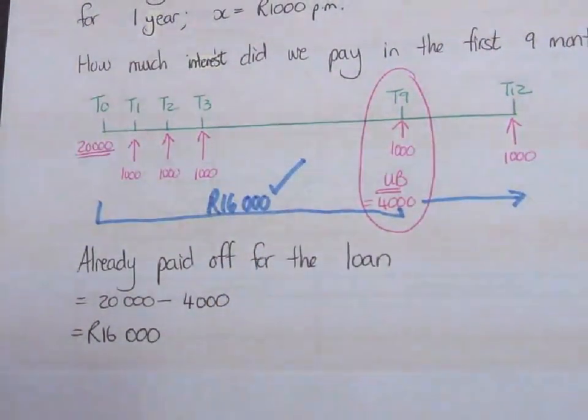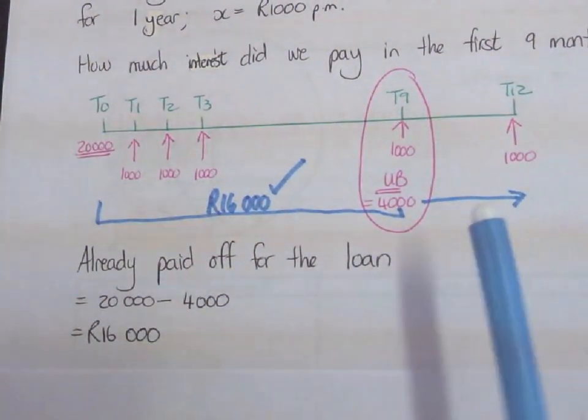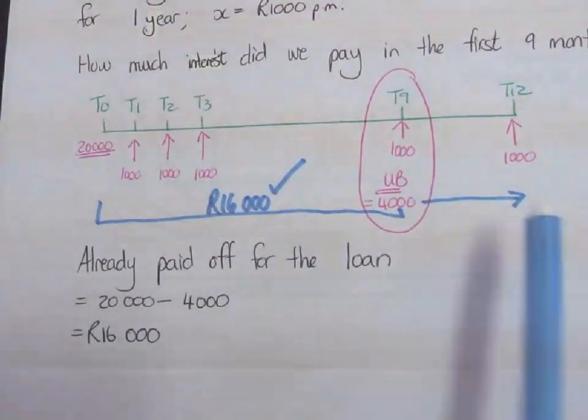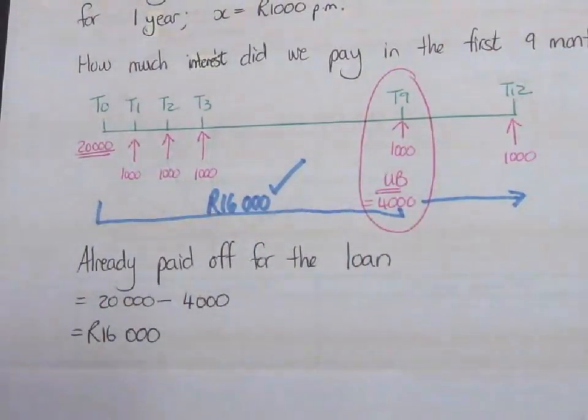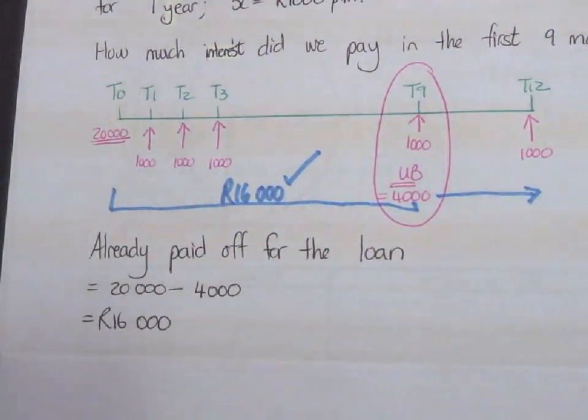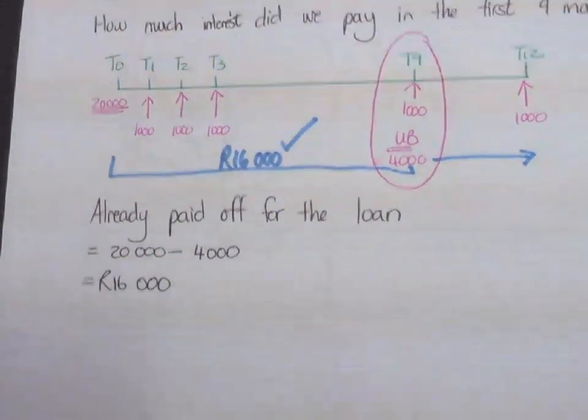We still owe 4,000 up until the end. How much interest did we pay here? Don't we use P? We have X. Okay, we use F. No, A. Okay, let me show you.